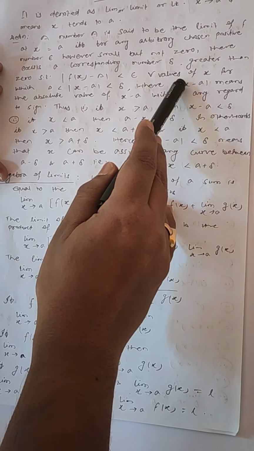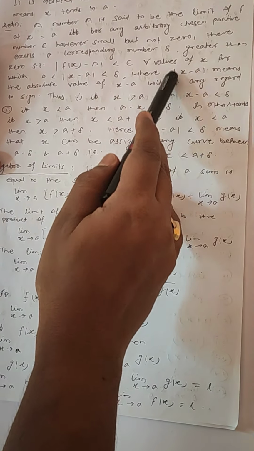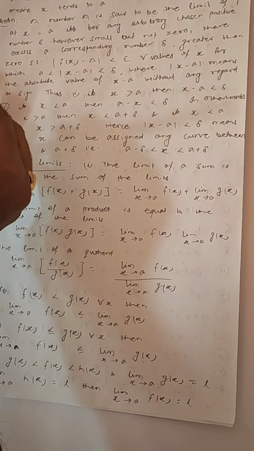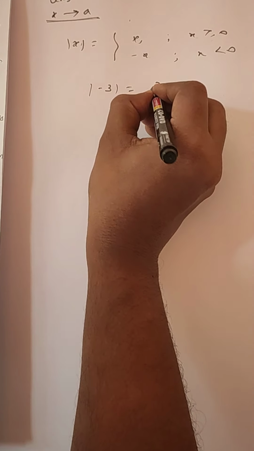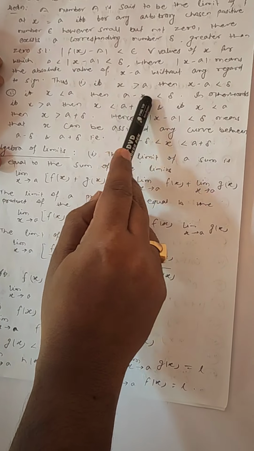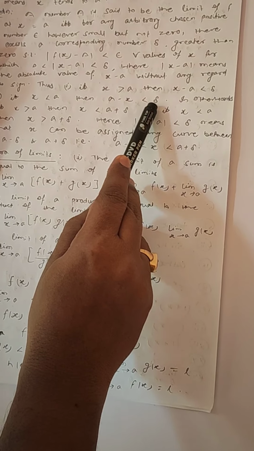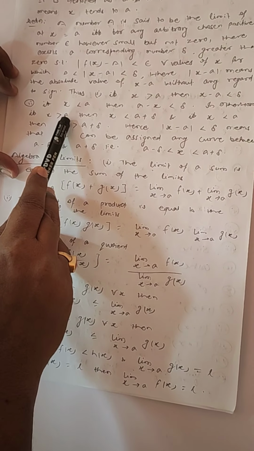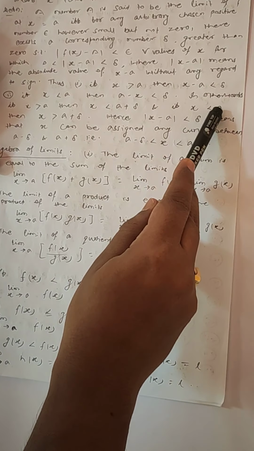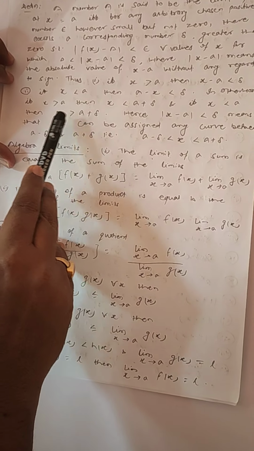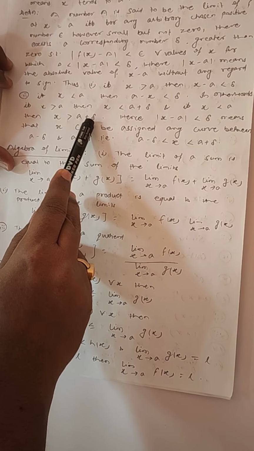But if x is less than a, then in the modulus form it always gives us a positive value. So here a minus x must be less than delta. In other words, if x is greater than a, then x is less than a plus delta, and if x is less than a, then x is greater than a minus delta.